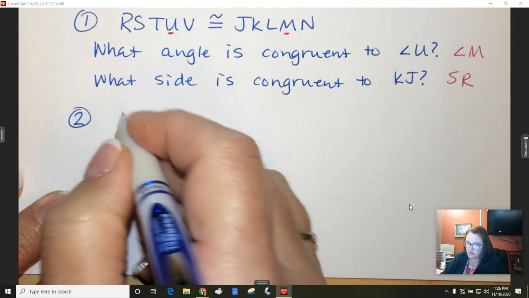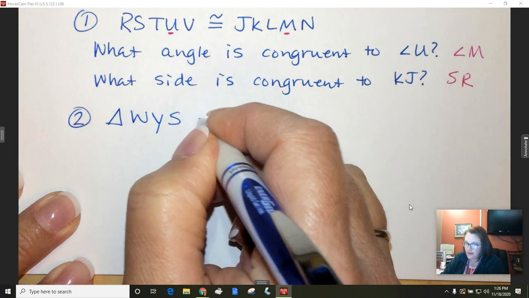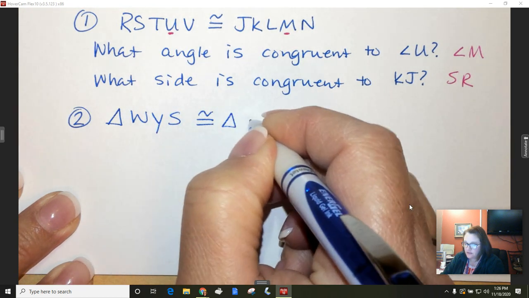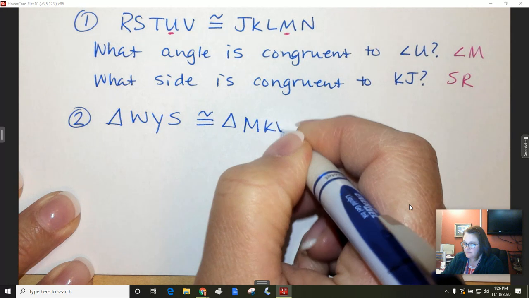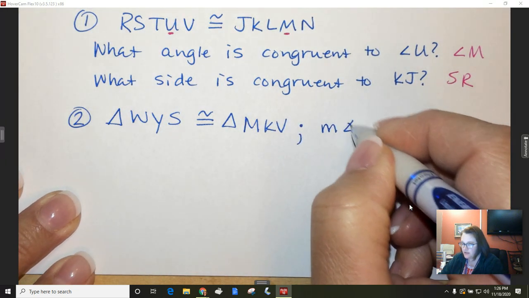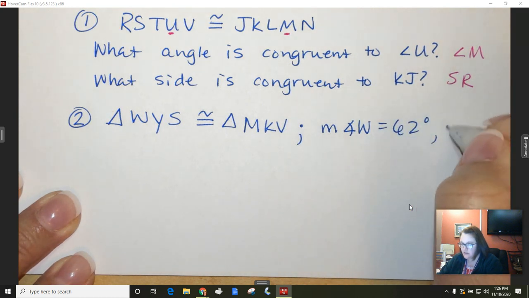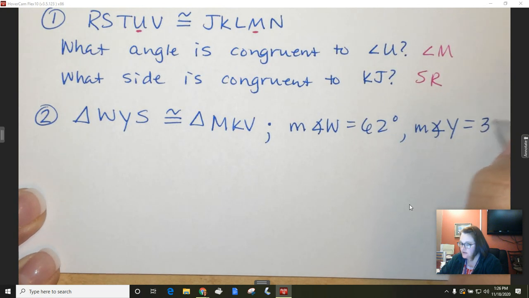We can also do math. Suppose we have triangle WYS is congruent to triangle MKV. And we know that the measure of angle W is 62 degrees. And the measure of angle Y is 35 degrees.